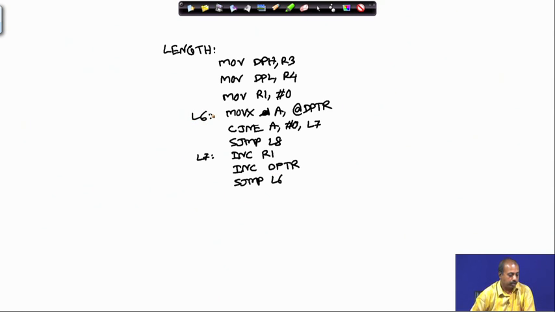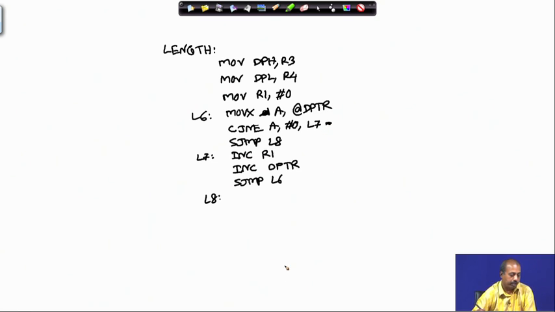Okay. So, this way I can get the length of the first string, till it is coming to this 0. So, CJNE A, #0, L7. So, it will be incrementing, and this is the point L8. Okay. So, this way I can get the length of the first string calculated in the R1 register.